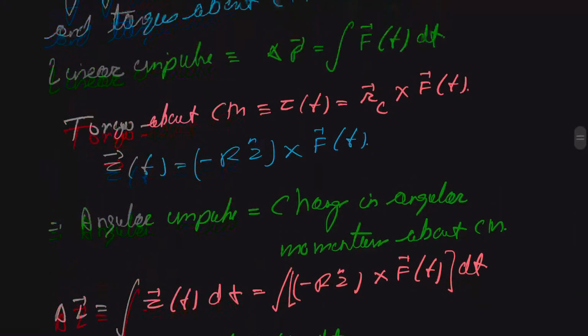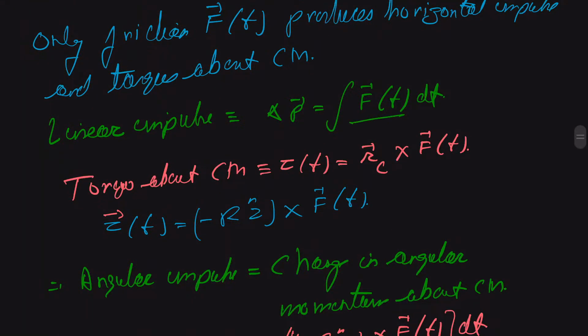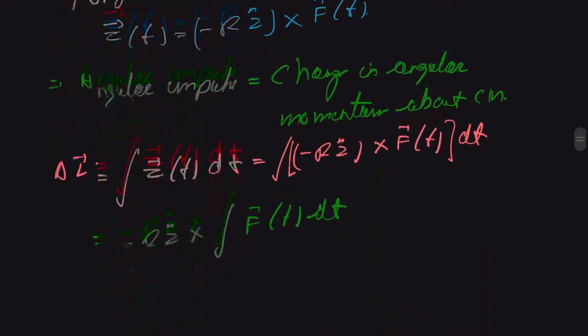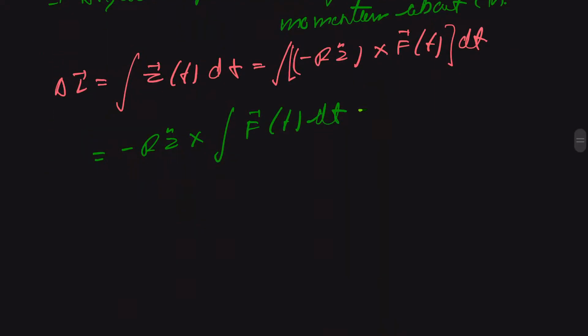And we already know that the integral of this force, the frictional force, is equal to linear impulse. Therefore, we can say this is minus r z unit vector cross delta p.